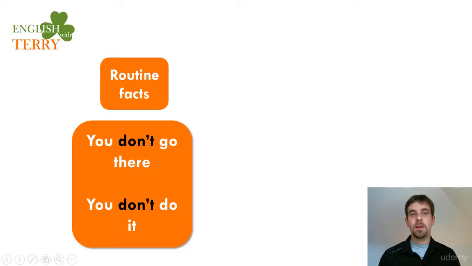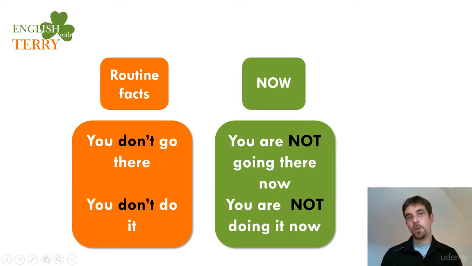So don't is used when we talk about routine or facts. You don't go there. It's a fact. It's a description of your life. You don't do it. But when we're talking about now, you are not going there now, or you are not doing it now. So that's the key about when we use don't: it's with facts or routine, and not with the verb to be or with now. Okay?